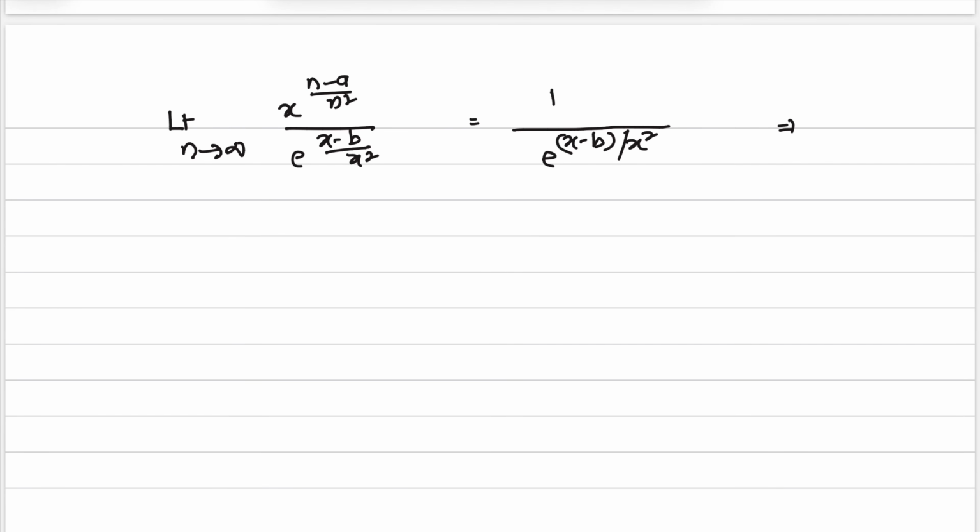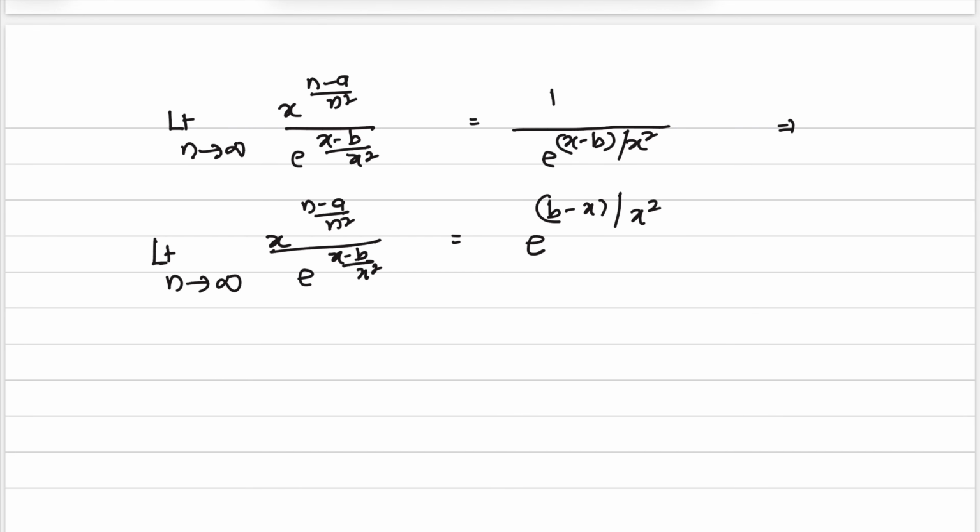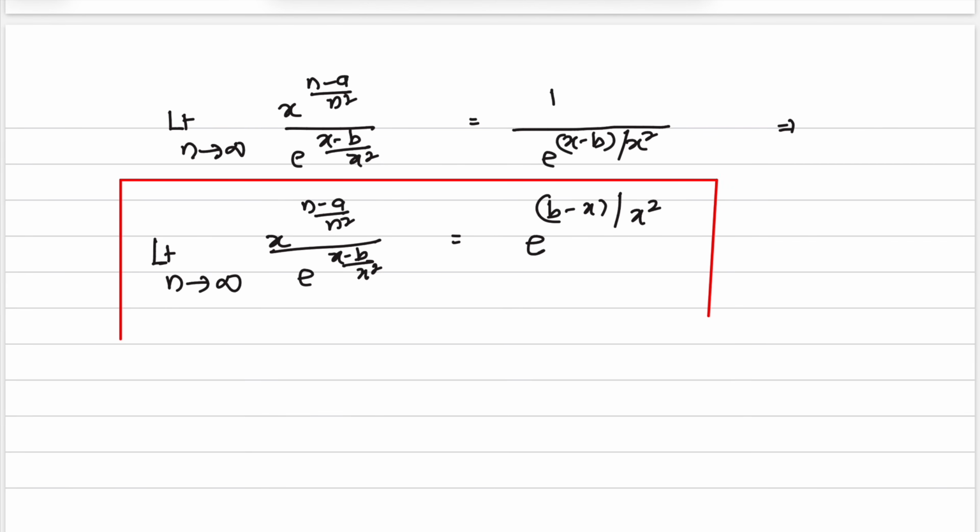Then, because 1 by a to the power of m is equal to a to the power of minus m, it implies that the limit is equal to e to the power of b minus x divided by x square. This is the answer which we have got for the limit. Half the problem is now solved.